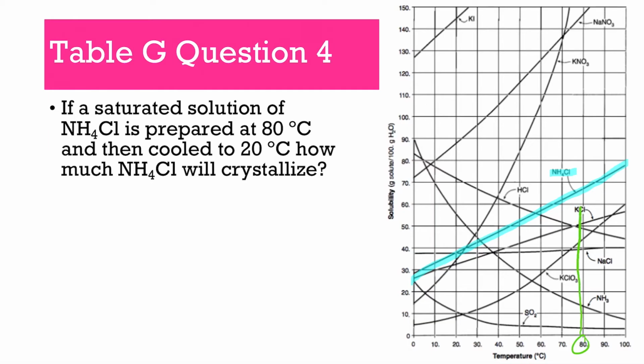So at 80 degrees, you can hold, bring it across. I'm going to say at 80 degrees, it's about 67 grams. Again, as long as you're somewhat within a reasonable range, you're fine.